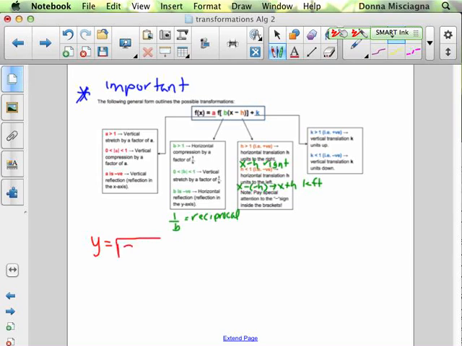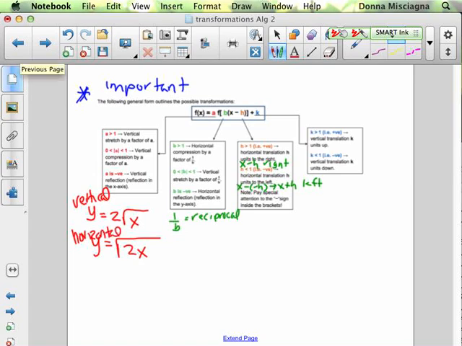So we have y equals the square root of 2x. That's a coefficient on x, not a coefficient on the whole function. It's inside the radical, not outside. A vertical dilation would be outside the radical. This one is vertical, on the whole function. This one is horizontal, only on the x.